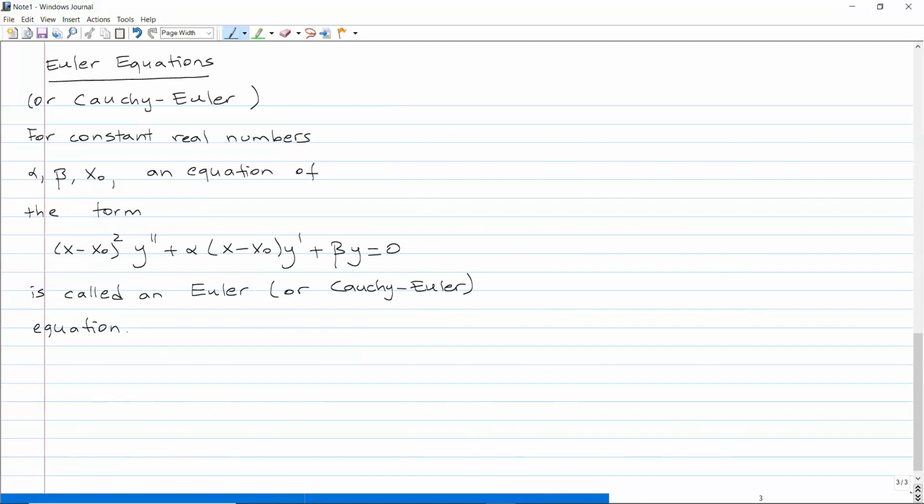All right, so this is a special type of linear equation. x equals x0 is a singular point, but it is a regular singular point.